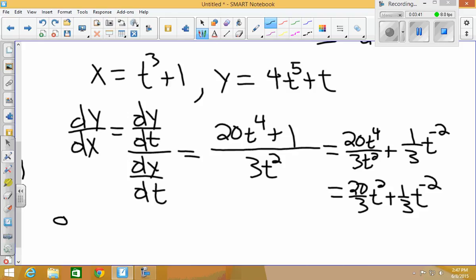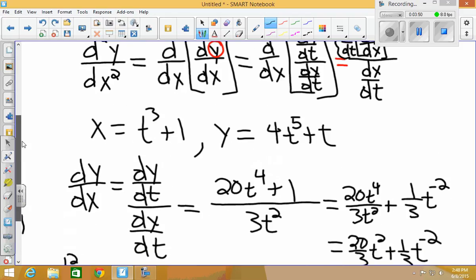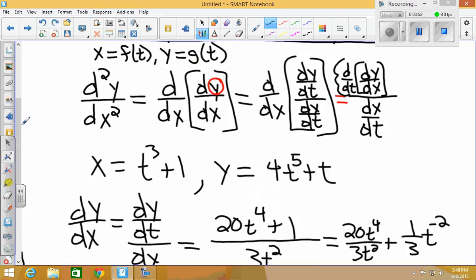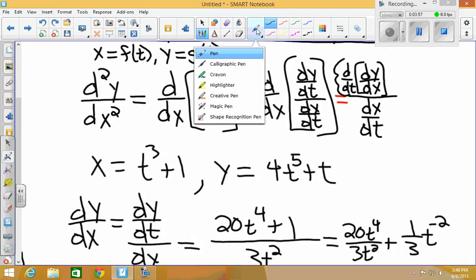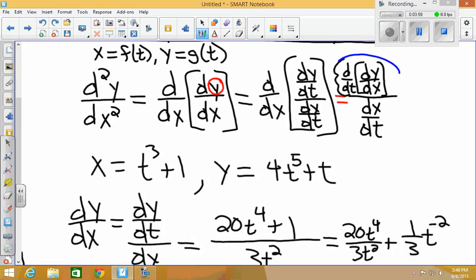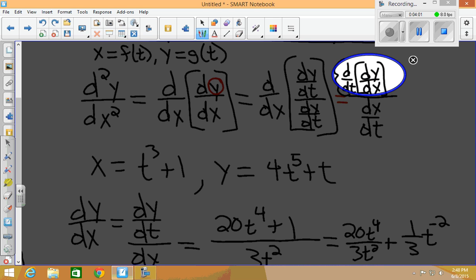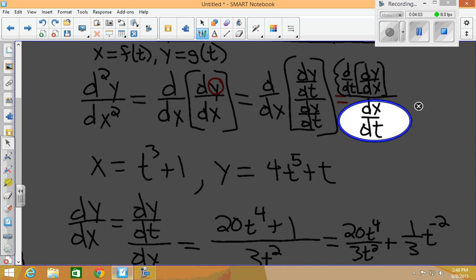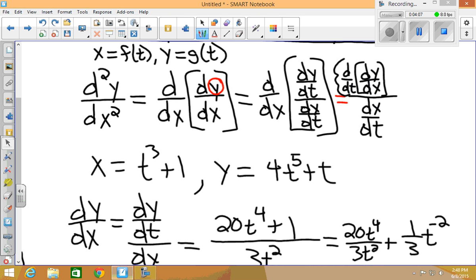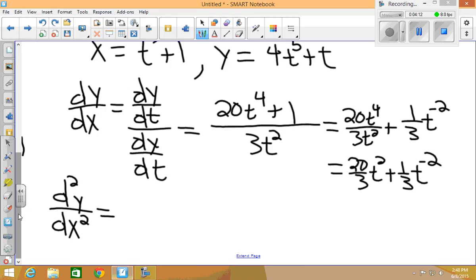For the second derivative of y with respect to x, we follow the rule. It says you take the derivative of the first derivative with respect to t, and then you divide that by dx dt. So that's what we're going to do. We're going to take the derivative of the derivative with respect to t.